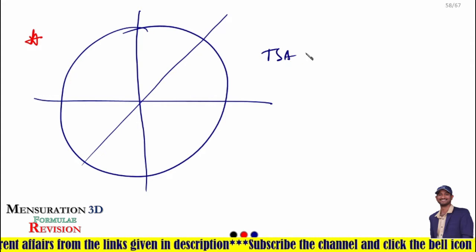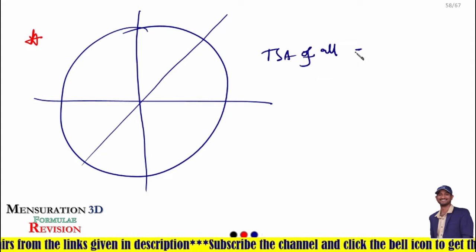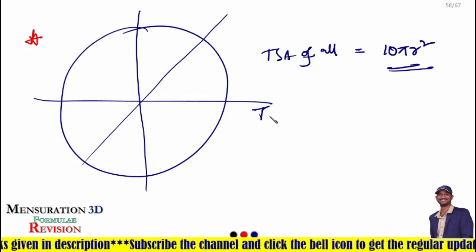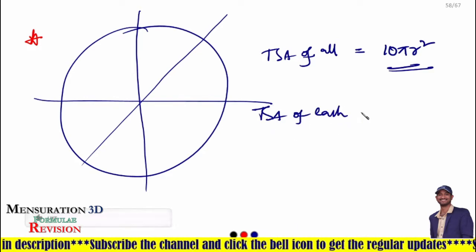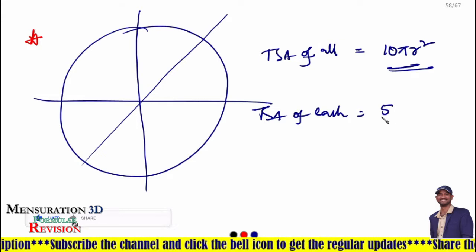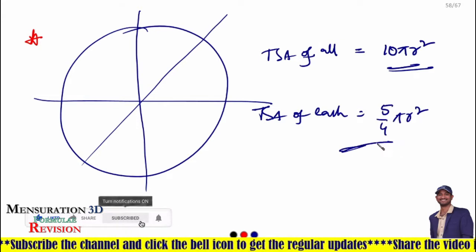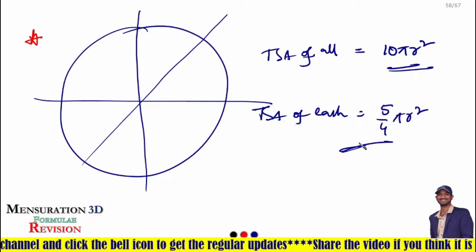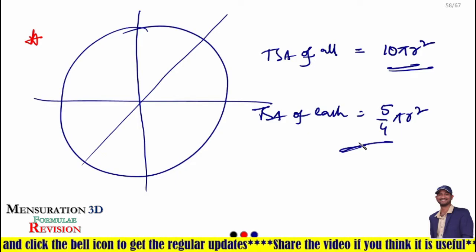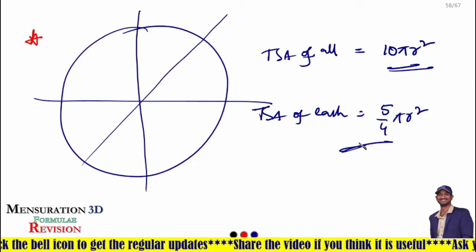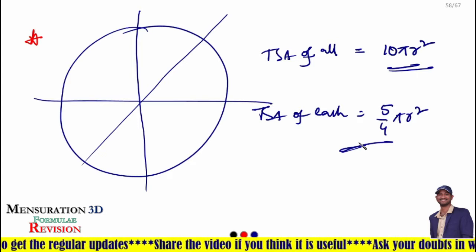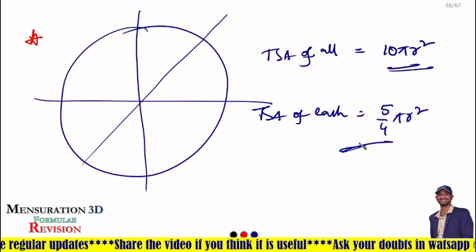Then the total surface area of all the 8 parts is equal to 10 pi r square directly, and the total surface area of each part is equal to 10 by 8 pi r square, that means 5 by 4 pi r square. Please remember these formulas. If you remember these formulas directly, within seconds you can solve those models. Otherwise it will take much time. Okay, these are about cross sections or cuttings in spheres.